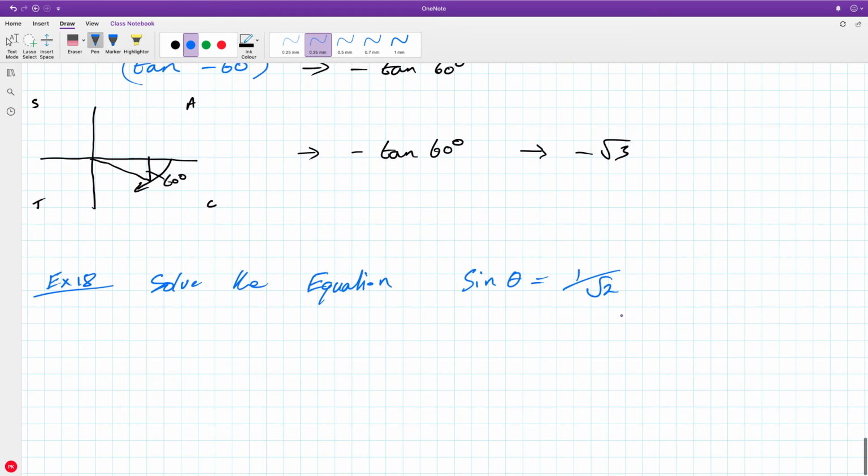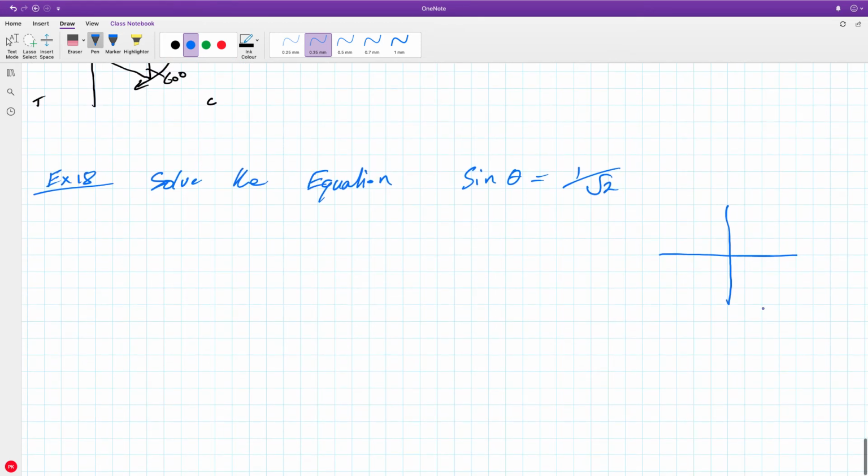So, as I said, we're working backwards now from what we've just been doing. Draw a little unit circle over here, we're going to need it in a minute. C, A, S, and T.